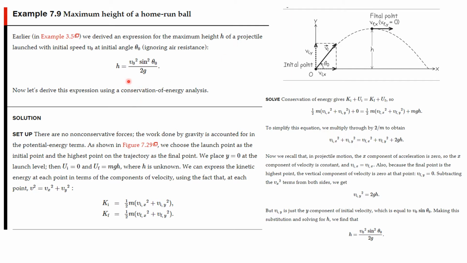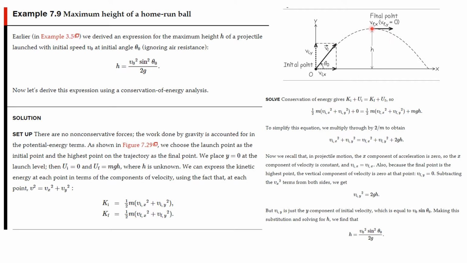So let's talk about what's going on here, and let's derive this expression using a conservation of energy analysis. Okay, so here's the setup. There are no non-conservative forces. The work done by gravity is accounted for by the potential energy term. And so we choose the launch point as the initial point and the highest point of the trajectory as the final point.